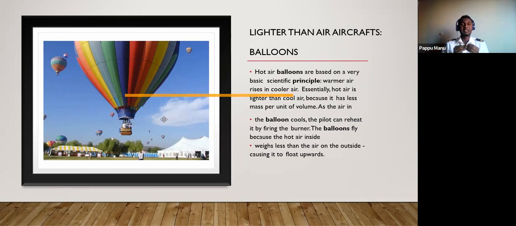And the second difference is a constant or controlled supply of warm air is pushed into the balloon. Okay, so once the hot air is pushed into the balloon, the cold air that is in the balloon starts coming out. And now this warm air that is inside the balloon makes the balloon lighter than air.